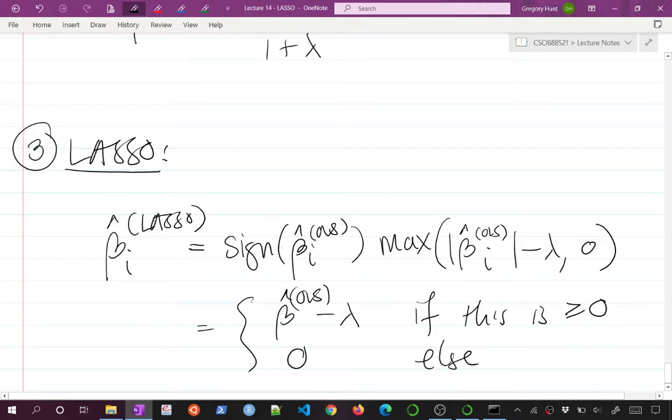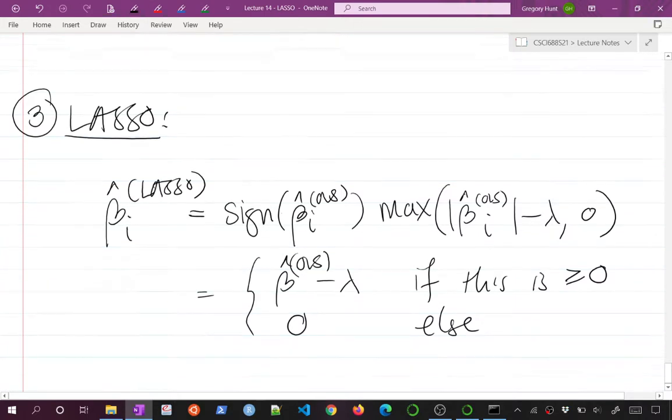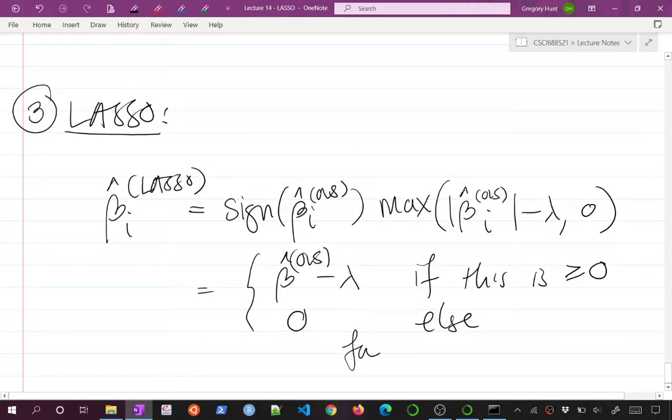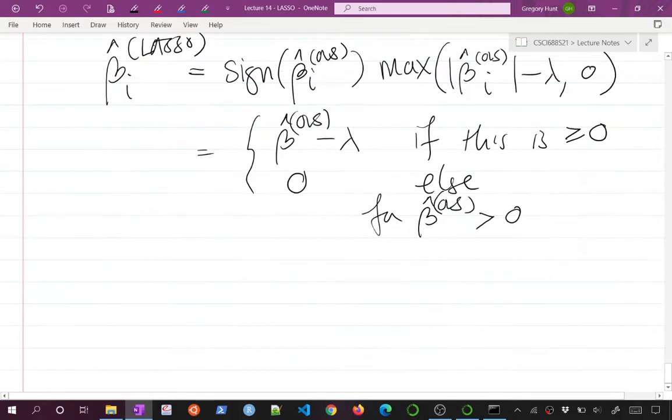Of course, you have to be careful: it's going to be either plus or minus that, because it's going to maintain the sign. So it's always going to shrink it towards 0. But let's just leave it like this. This is kind of inspiration. This is true for positive beta hats, and for negative it's going to be the mirror. Let me draw the picture. The picture will make this much more obvious.